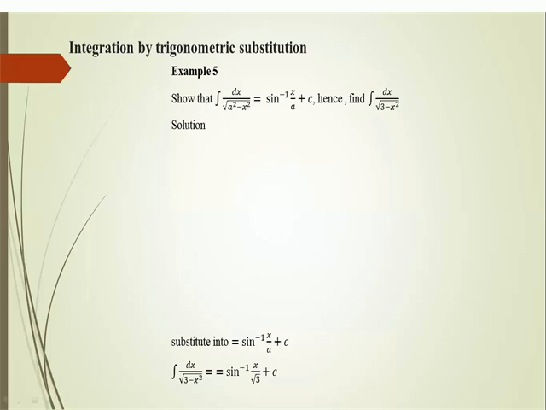Then we come back to the proof we've already shown here, which says the integral of dx over square root of a squared minus s squared is equal to sine inverse of x over a plus c. Instead of writing a this time around, we are writing root 3 plus c.